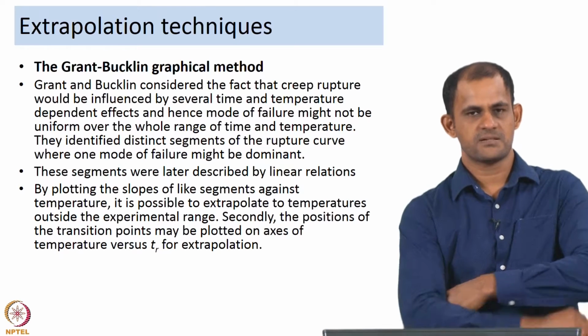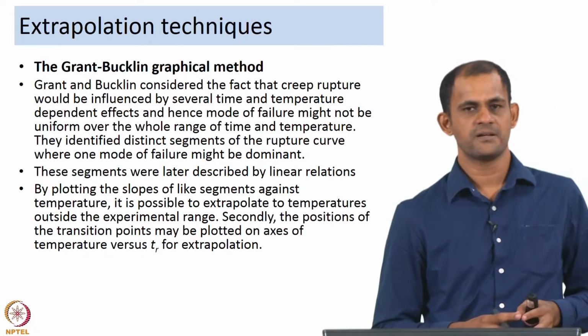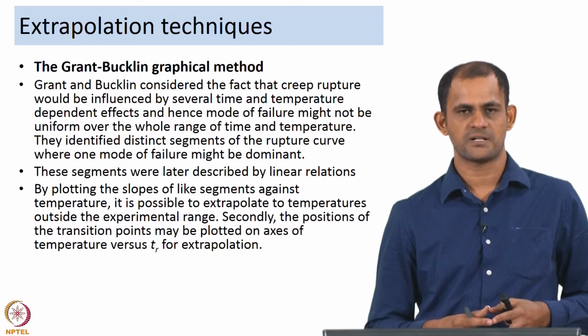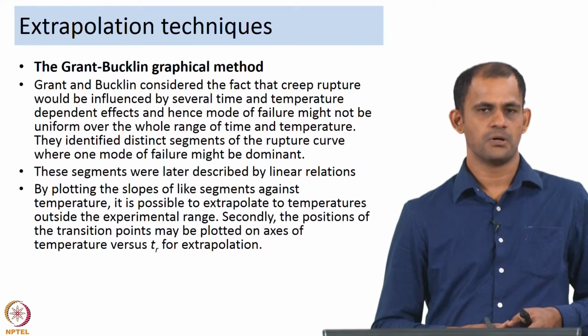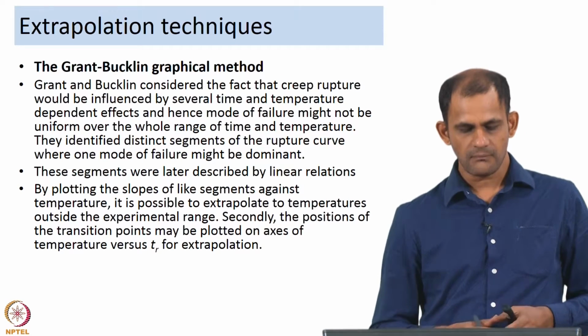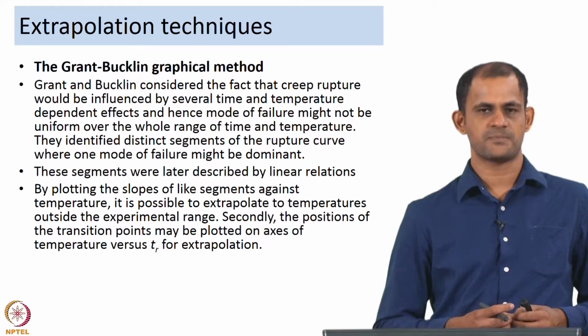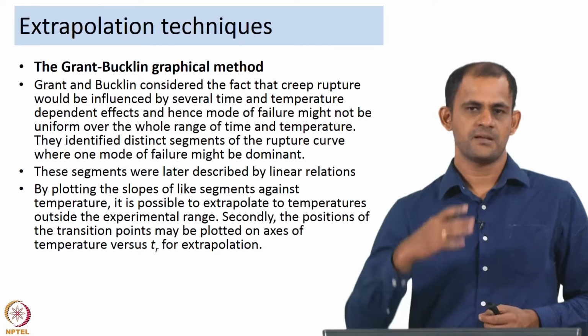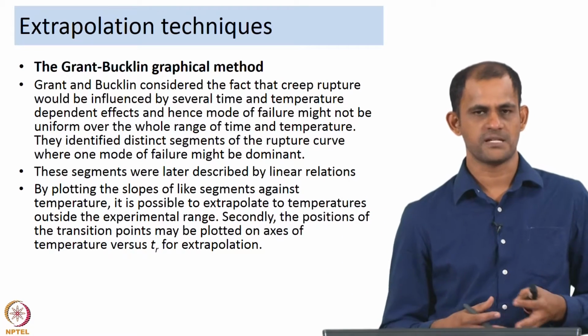So, what they said is, in the whole data that you have, the LMP versus stress data, they identified distinct segments of the rupture curve where one mode of failure might be dominant. So, they are talking about time temperature data and distinct segments of the rupture curve, and they are saying when there is a change in slope, the mode of failure could also be changing.